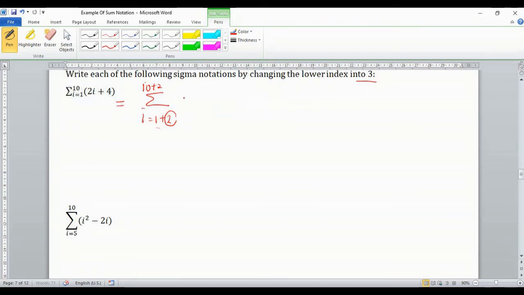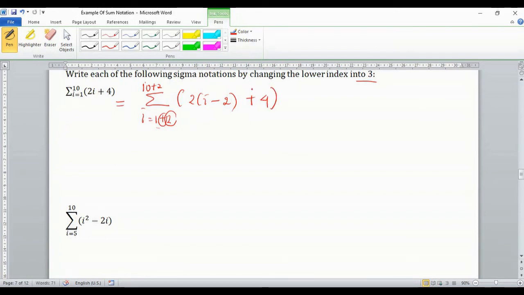How about the general term? We can use properties number 5. If here it is plus, then the i is changing to be minus 2, so i minus 2, right? Okay, plus 4.